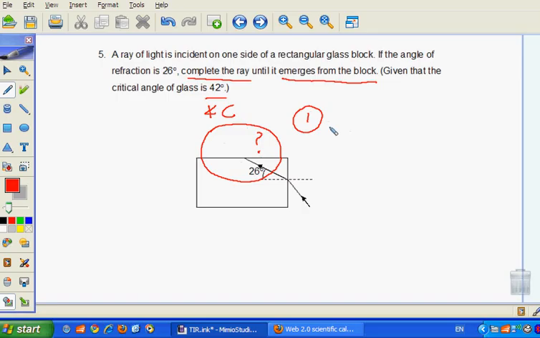One possibility is that because this is traveling from glass to air, so this is glass and the surrounding is air. Glass is considered a denser medium than air.